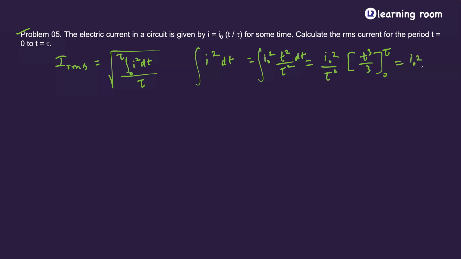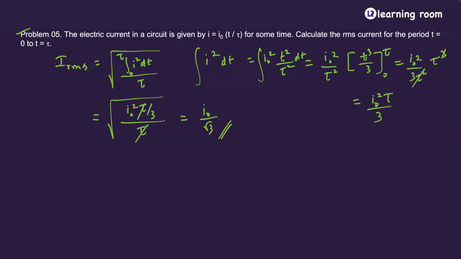So it will be I naught square divided by 3 tau square into tau cube. So tau square will cancel this tau cube once, and you are left with tau itself. So what is going to be the answer? I naught square tau divided by 3. So take this and substitute it in the numerator. You will get the answer as square root of I naught square tau divided by 3, the whole divided by tau. Cancel this and this. Answer will be I naught divided by root 3. So this is going to be the RMS value.